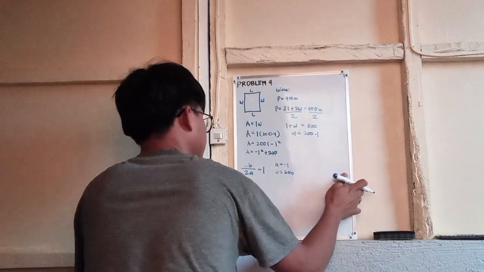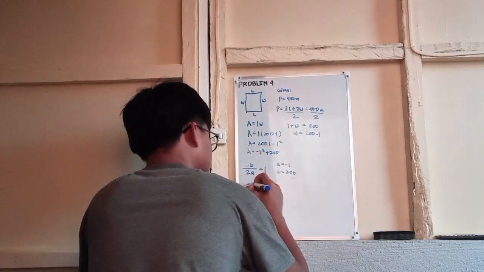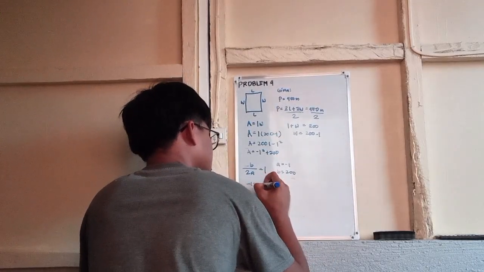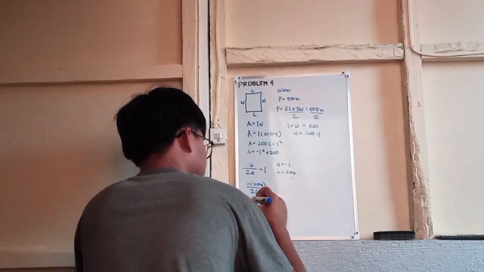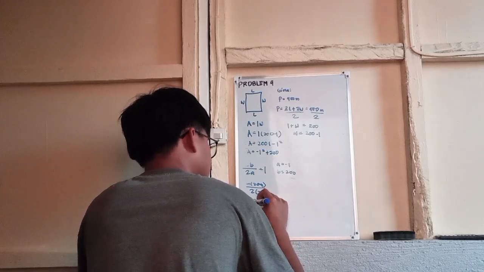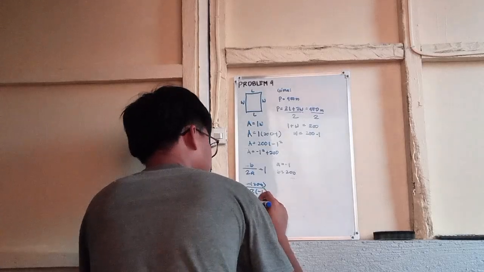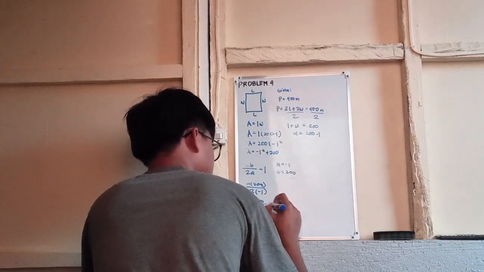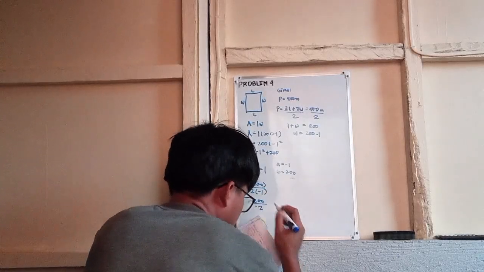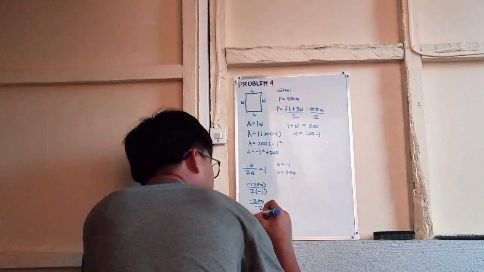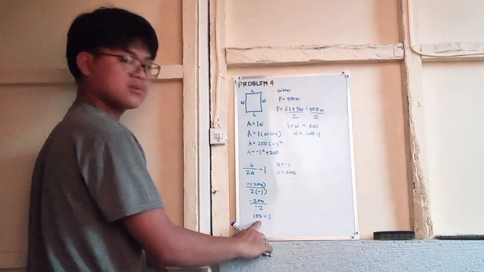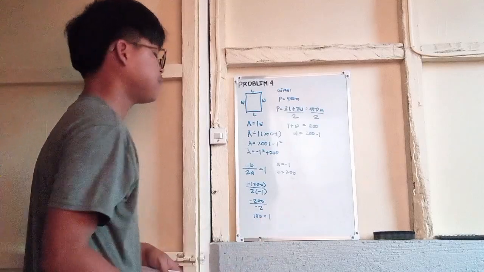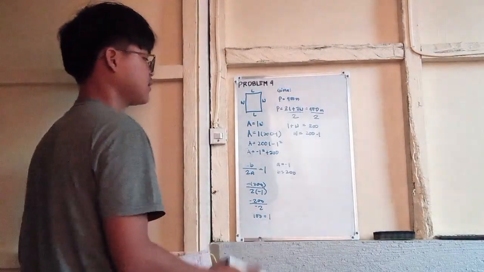Negative 200 over 2 times negative 1, we will get negative 200 over negative 2, which is equal to 100. So we have the value of L, which is 100.